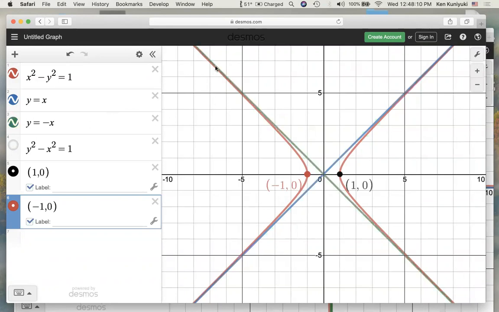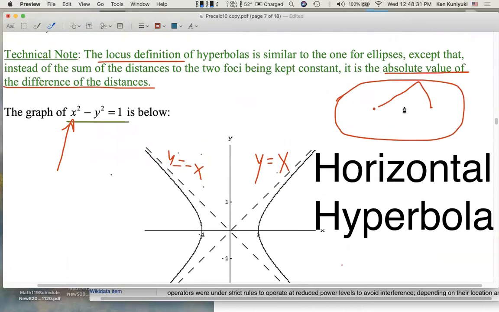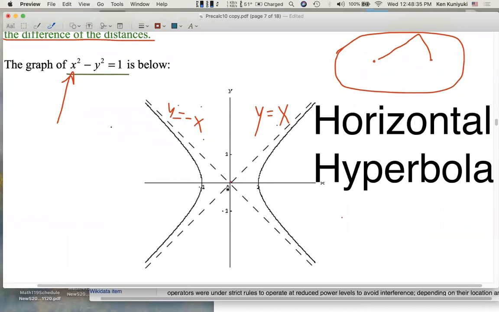Y equals the opposite of x is another line that the hyperbola approaches. The two asymptotes form an x that goes through the center of the hyperbola, which is at the origin. The center is in between the two vertices. In a way, it's outside the hyperbola. Remember, an ellipse sort of contains its center. A hyperbola does not contain its center. These two branches do not eat the center here.